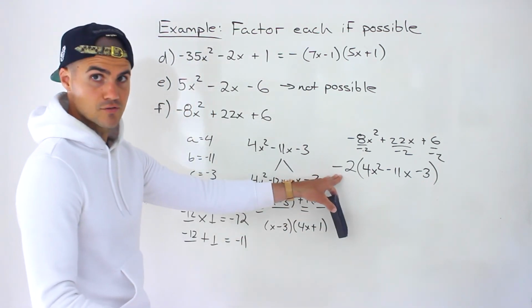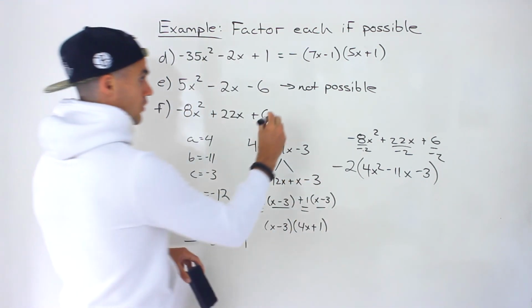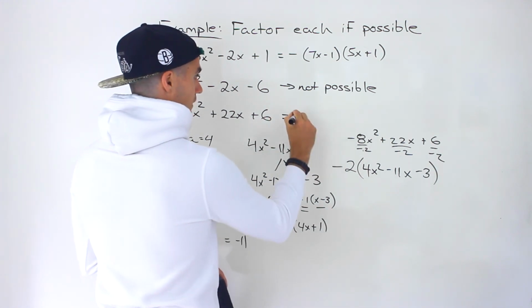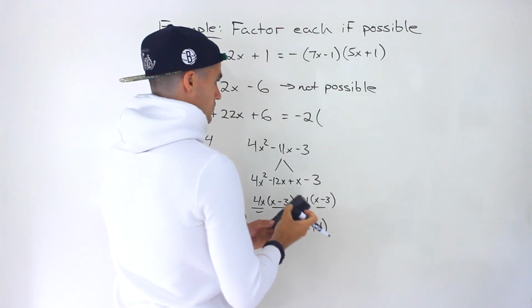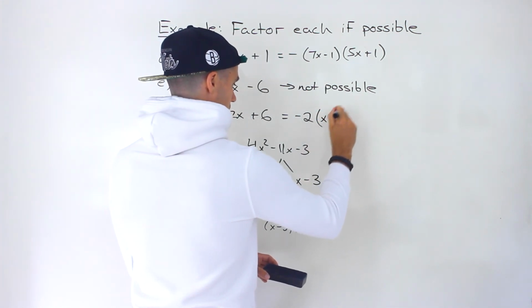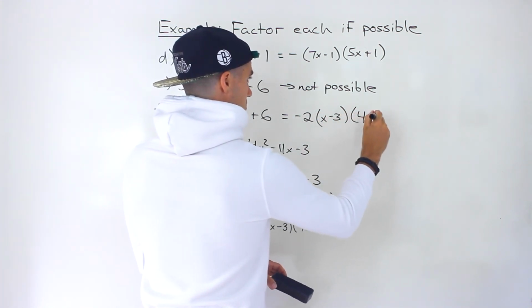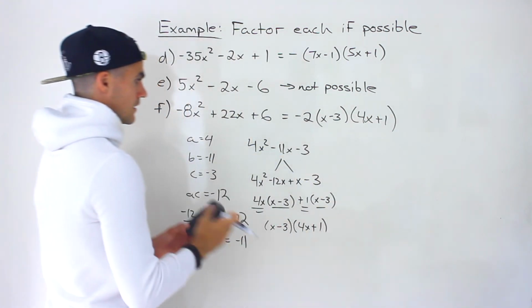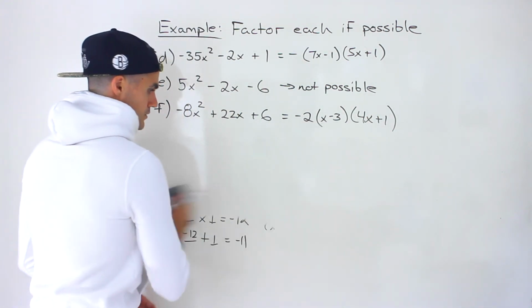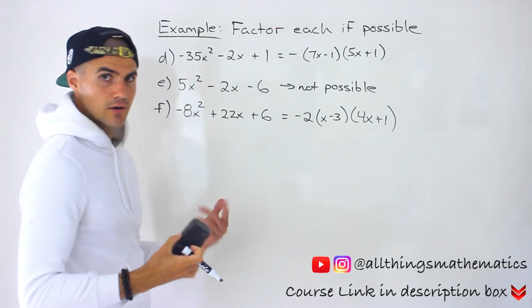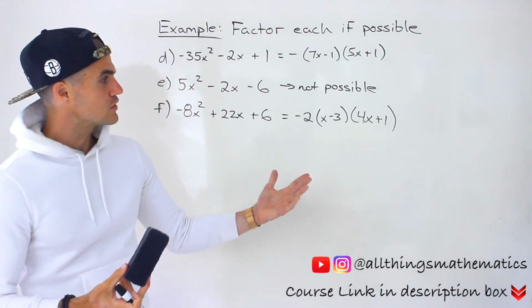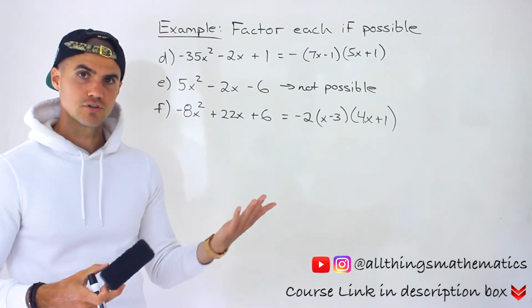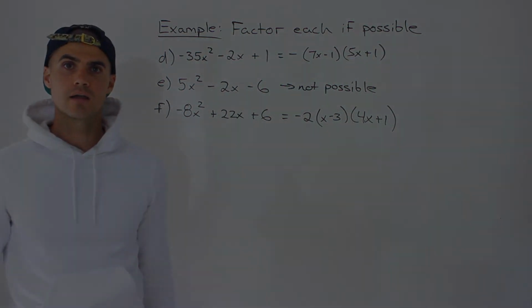We still have that negative 2 in front for the main overall quadratic, so it factors into negative 2, bracket x minus 3, bracket 4x plus 1 like that, right? And as usual, if you wanted to, you can expand, check your answer. All right, so same process for all of these. First, see if you could take out a greatest common factor. After you do that, see if it factors by decomposition.